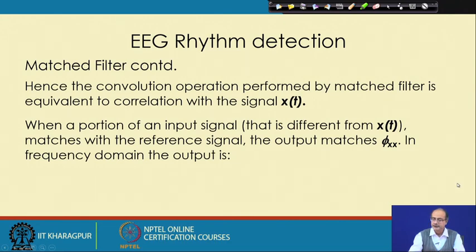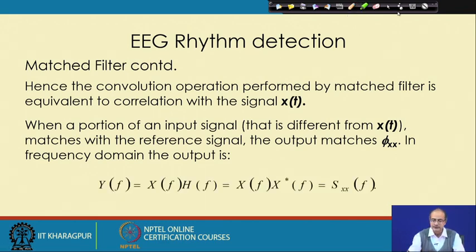In the case of the matched filter, we have a convolution operation between the impulse response h(t) and the signal x(t), and what we notice is that this is nothing but equivalent to the correlation of the two components, because we have already time reversed the signal to create h(t).